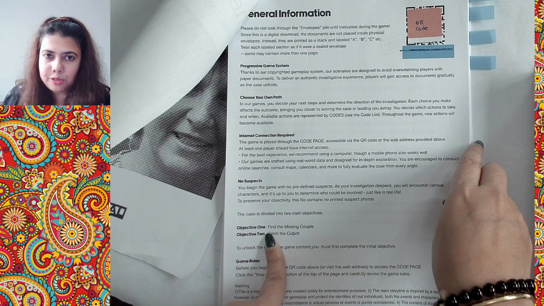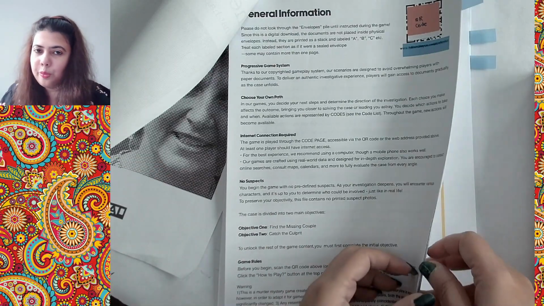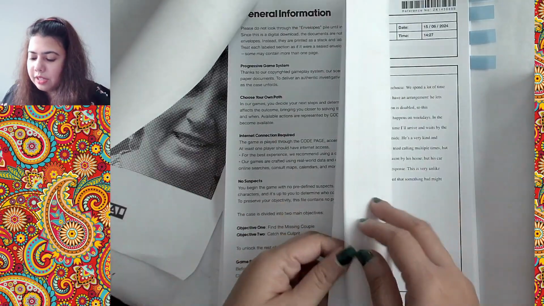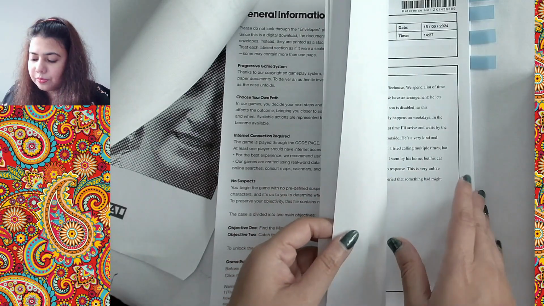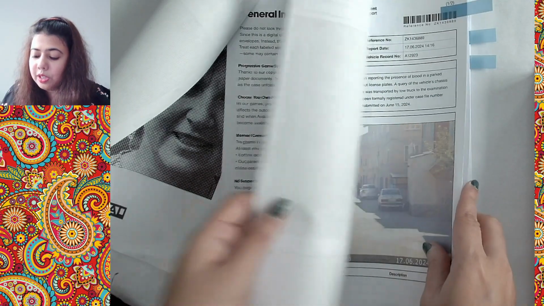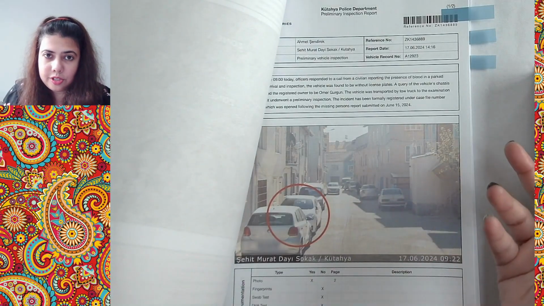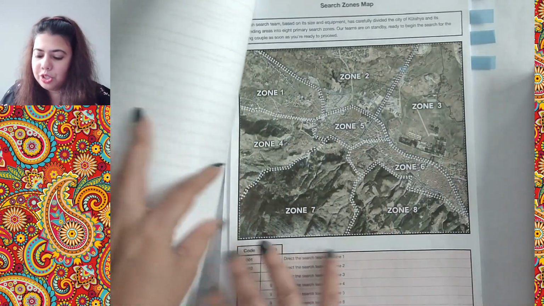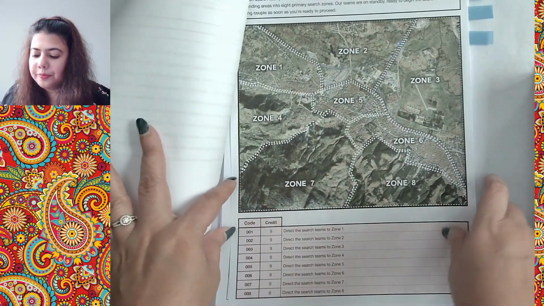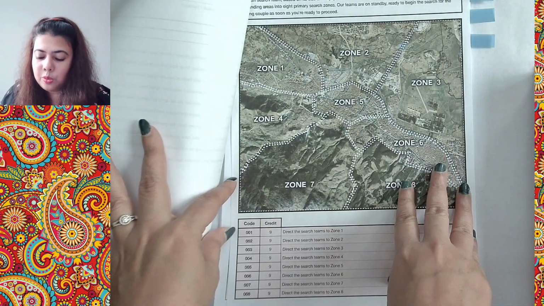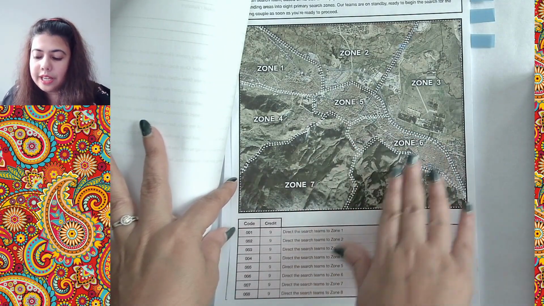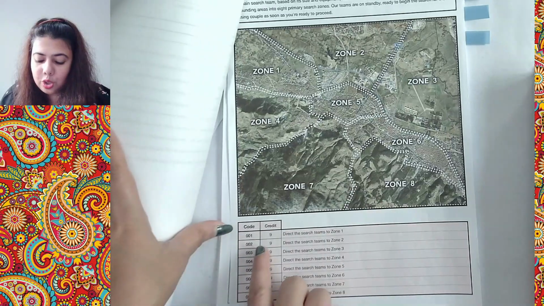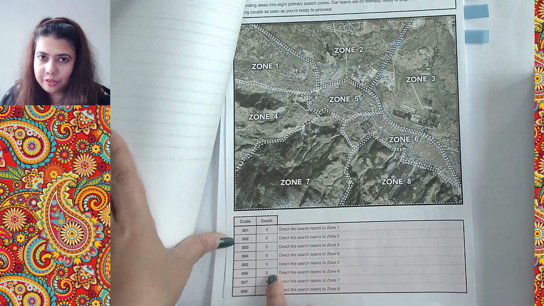When we look at objective 1, I just want to give you a very quick overview of that. There are some CCTV footages online as well. Look at this page. What this page tells you is that if you want to visit any of these zones, you have to utilize 9 credits.